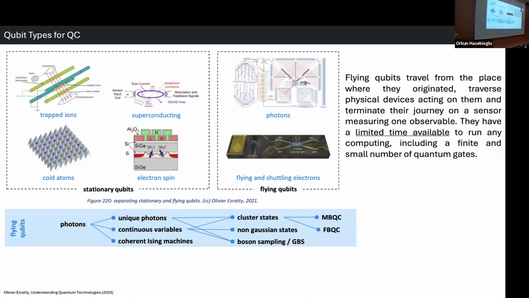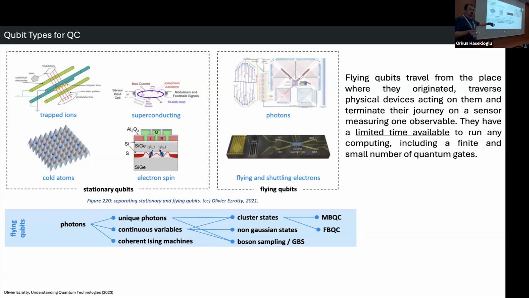But from these continuous variables and the unique photons, meaning single photons, you can generate cluster states. I think it was already mentioned yesterday, or I will mention it today. Non-Gaussian states, and you can use this information to already calculate some boson sampling. This is some kind of special algorithm-based computer. It does that, nothing more yet.